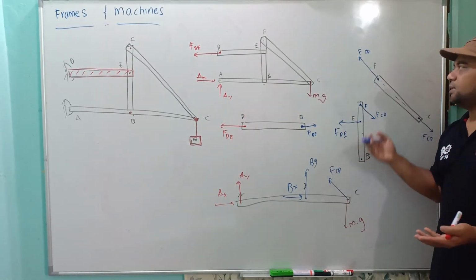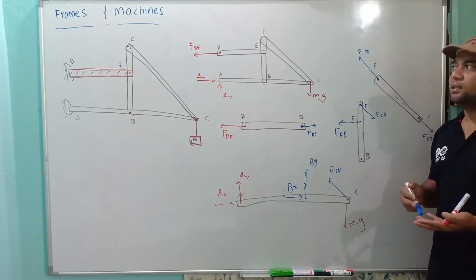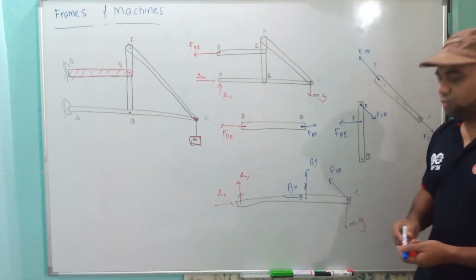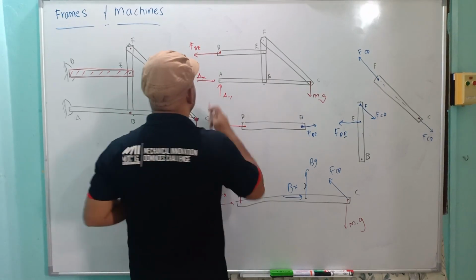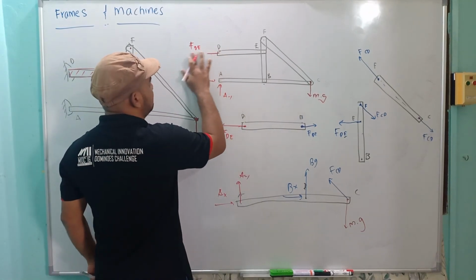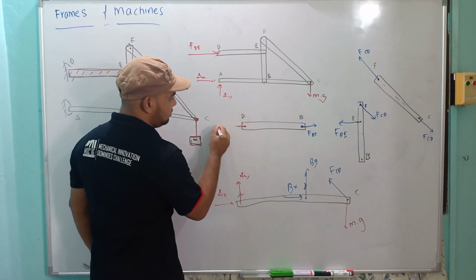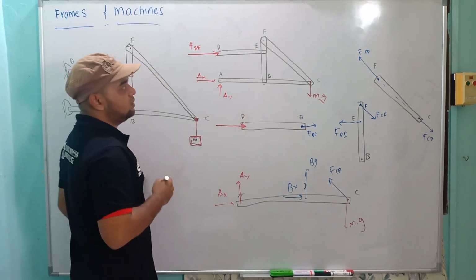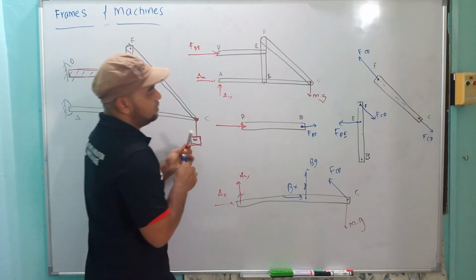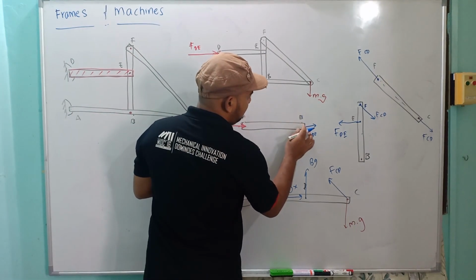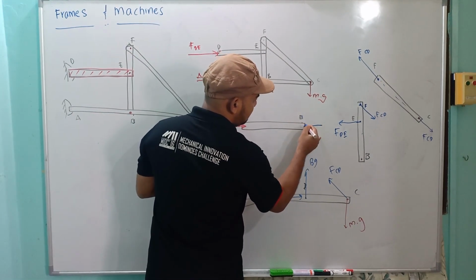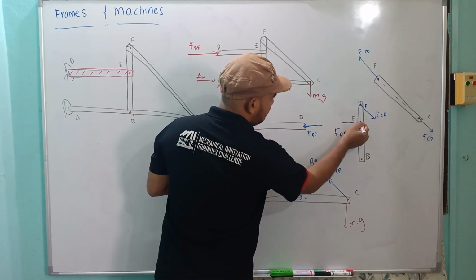Okay, I always draw this one in tension, but you can also do it in compression. For example, if you consider this one in compression, you can do it like this. This one in compression, so this one is also in compression. Because this is in compression, this one is also in compression. So this direction must be opposite this direction.